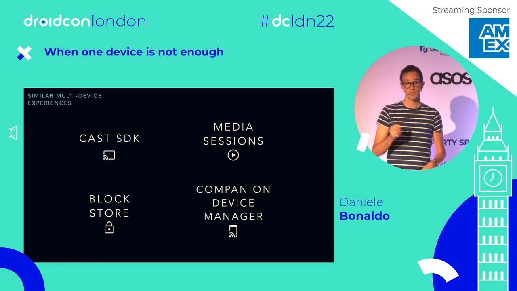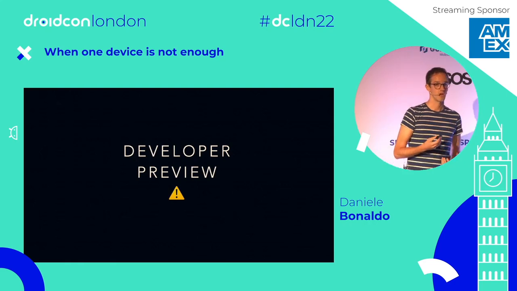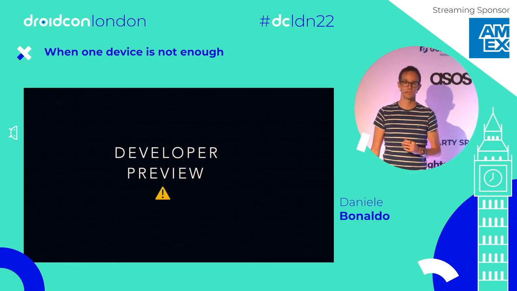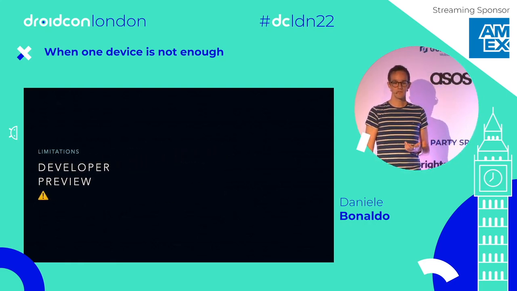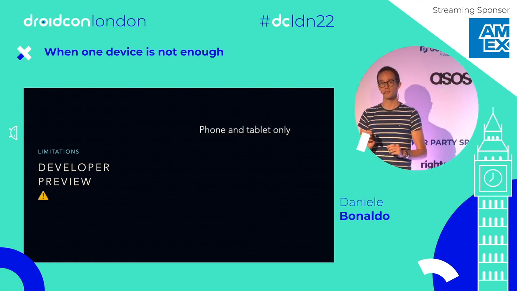Before continuing, it's worth noticing that this SDK is still in developer preview, which means that there are some limitations. First of all, it's only for phones and tablets, at the moment at least. But Google already announced that they are going to release it for more device types.